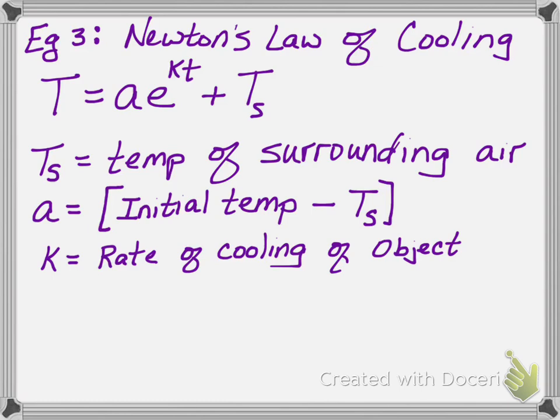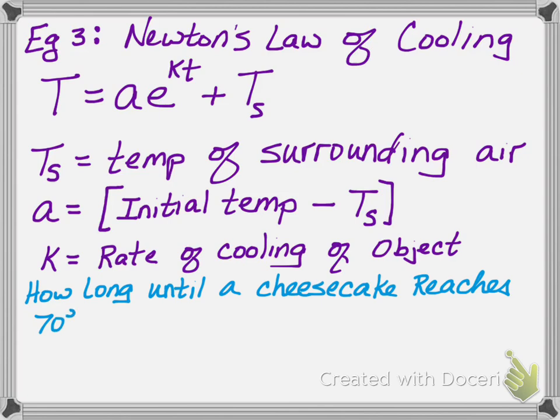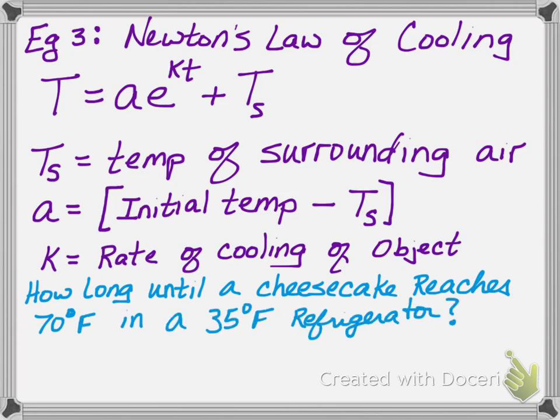Think about the heat transfer when you touch something metal goes faster than the heat transfer when you touch something that's wood. So, how long would it take for a cheesecake to reach 70 degrees Fahrenheit in a 35 degree Fahrenheit refrigerator?